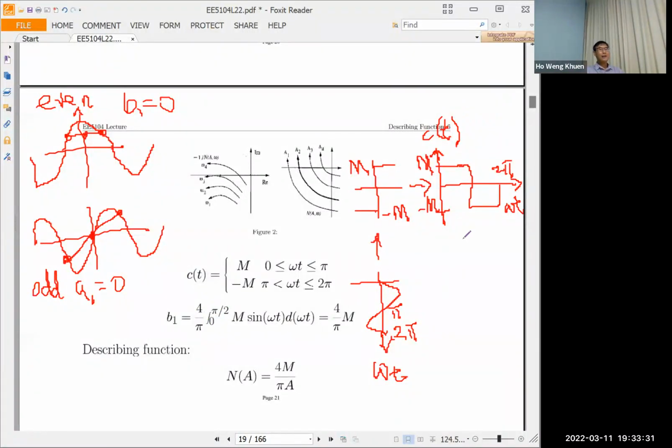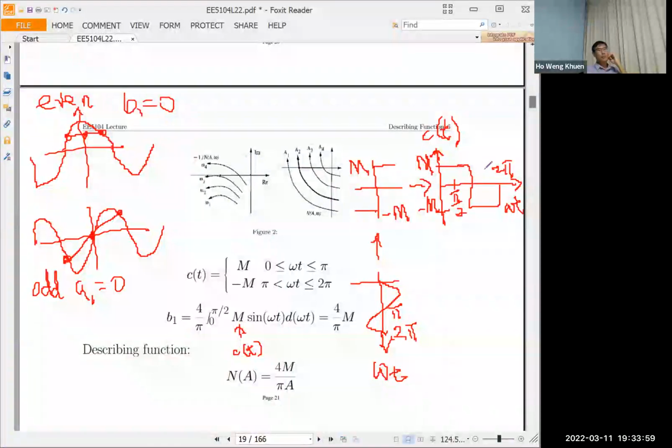Why I want to take half pi? Because from here to here, this is half pi. C is nothing but M. So this is C. I can also multiply by 2 and then take it from 0 to pi. It's fine, it's the same.